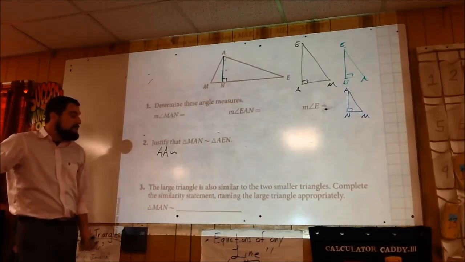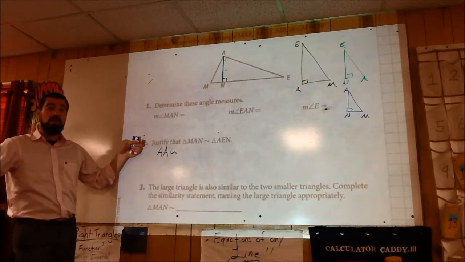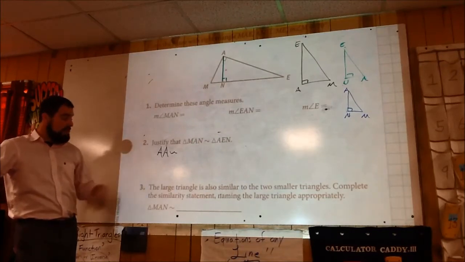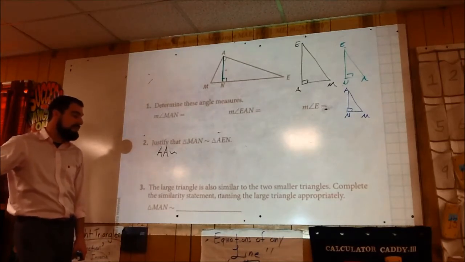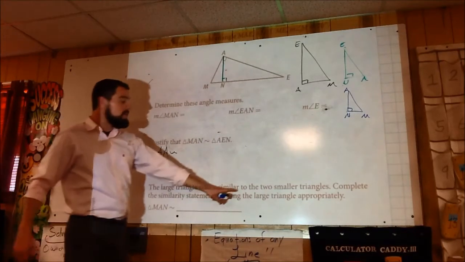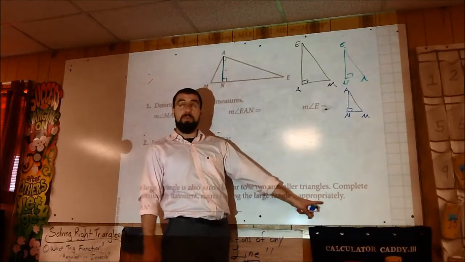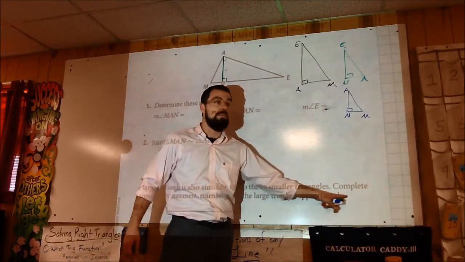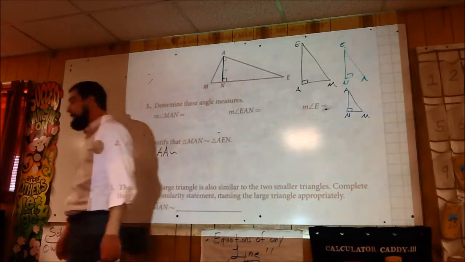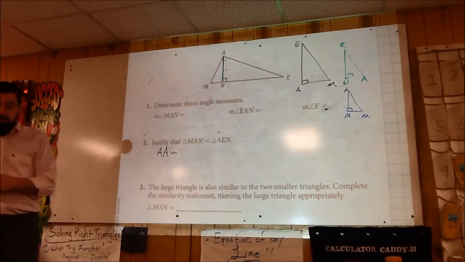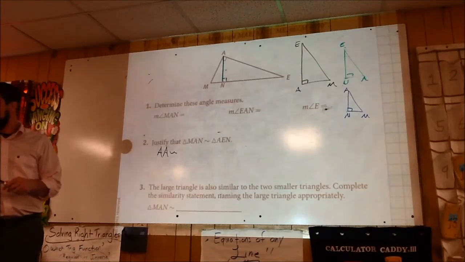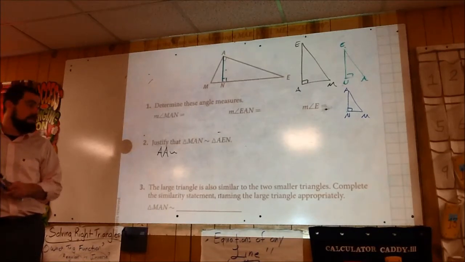Item 3. So we just showed that the 2 smaller triangles are similar. Item 3 says the large triangle is also similar to the 2 smaller triangles. Complete the similarity statement, naming the large triangle appropriately. Emphasis on appropriately. What do they mean by appropriately? What does that imply? Using the 3-letter process, that's the only way to name triangles.